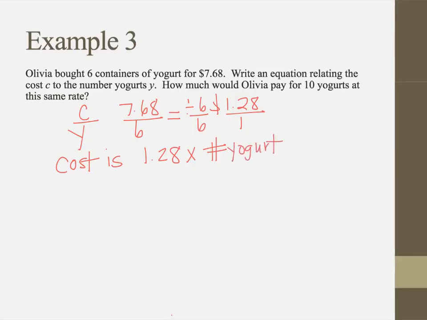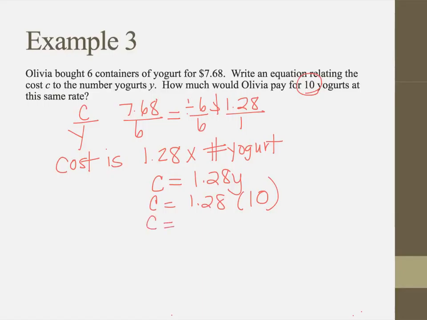All right, so let's write an equation. C is equal to 1.28 times, over here, 10.